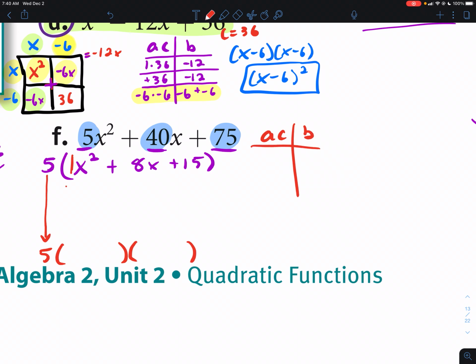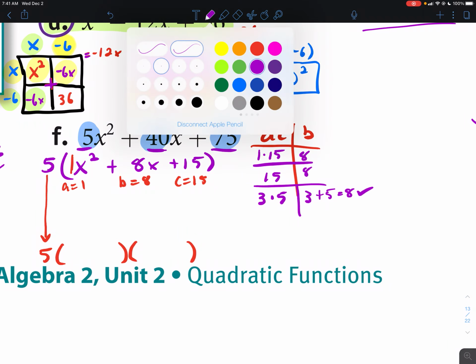So now our A is 1, our B is 8, and our C is 15. I need factors of 1 times 15, which is just going to be 15, that add up to 8. So the factors of 15 that add up to 8, I feel like the most obvious ones here are 3 times 5. That's 15. 3 plus 5 adds up to 8.